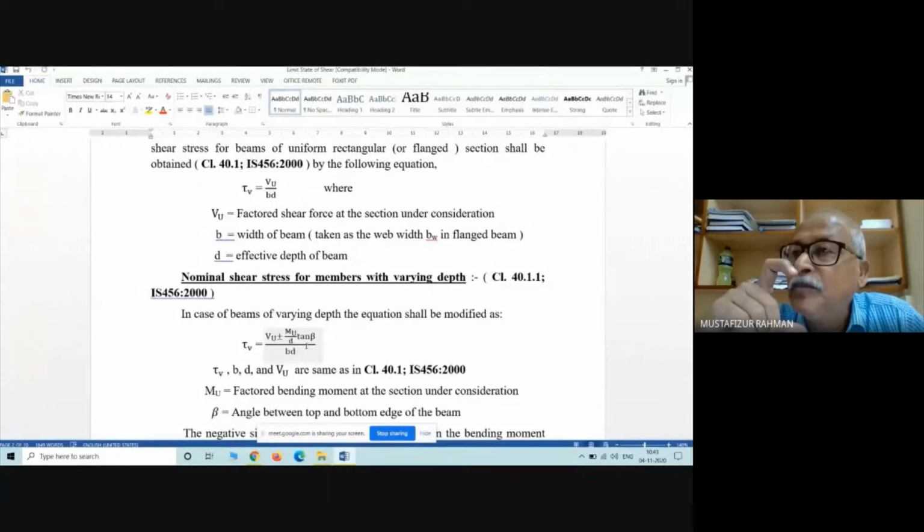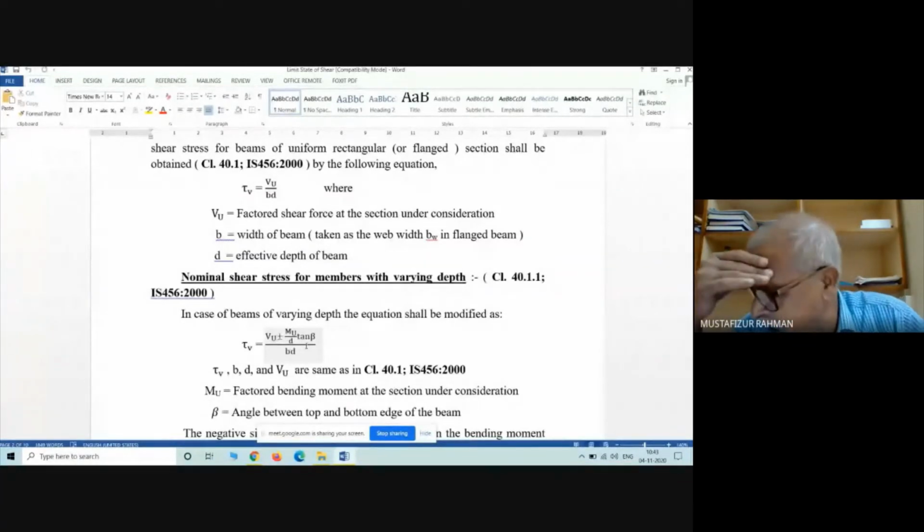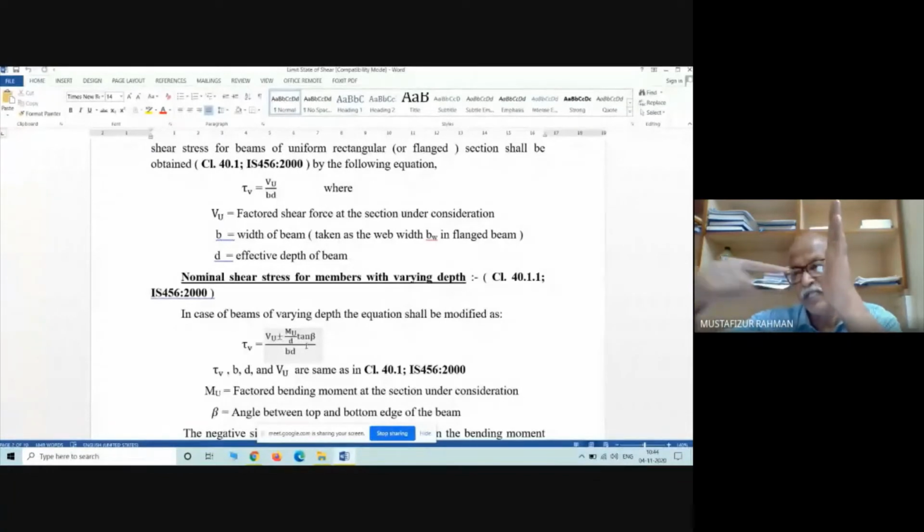Now, when we designed with respect to bending moment, we used tension reinforcement. Now again, it is going this way. So when it is going this way, these reinforcements are this way, so this reinforcement will also be able to resist this force.